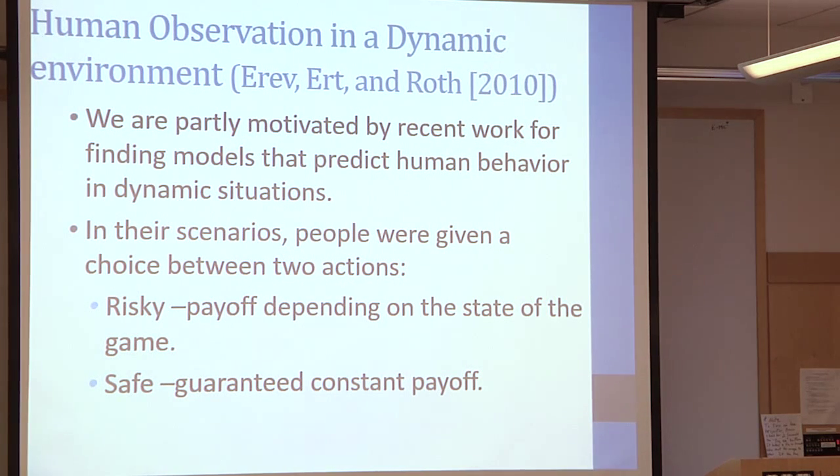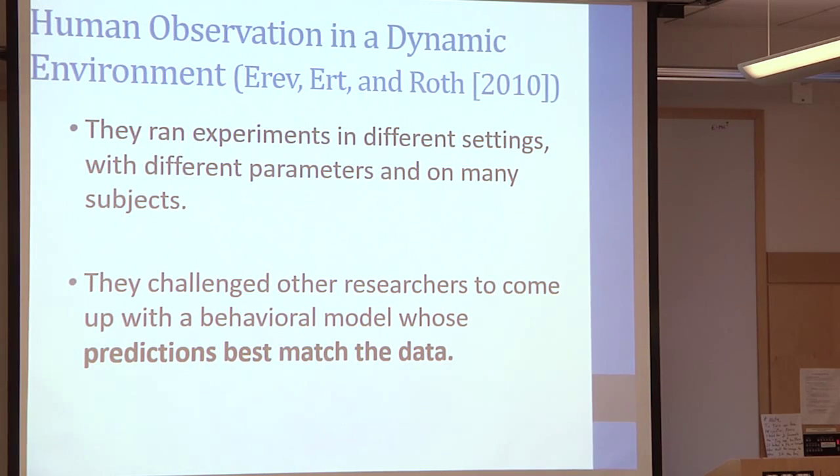And the state of the game can change dynamically. They ran this experiment with many parameters on many different subjects and in different settings of how the payoff behaves. They collected a lot of data, put it online, and asked people to come up with behavioral models that best fit the observed data.